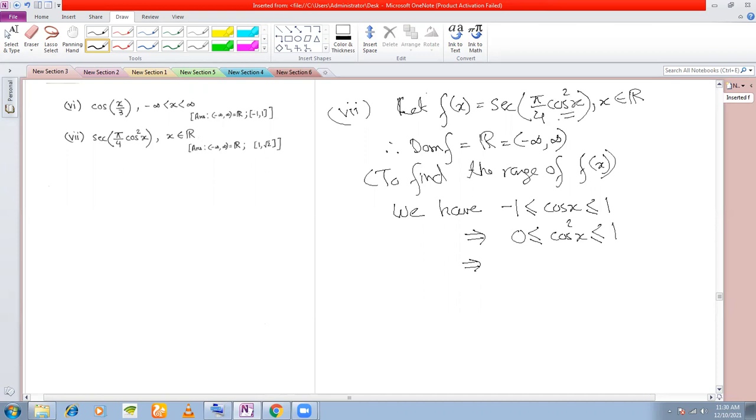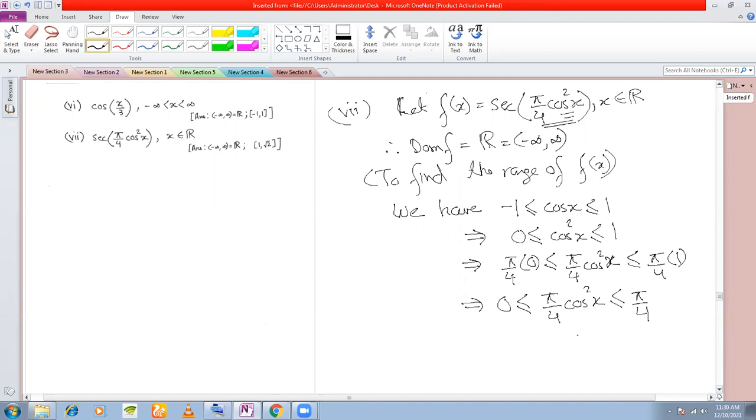Now because I see pi by 4 cos squared x here, I multiply both sides by pi by 4. So pi by 4 into 0 is less than or equal to pi by 4 cos squared x, which is less than or equal to pi by 4 into 1. So you get 0 less than or equal to pi by 4 cos squared x less than or equal to pi by 4, right? Now I have a sec, so I take sec on both sides.